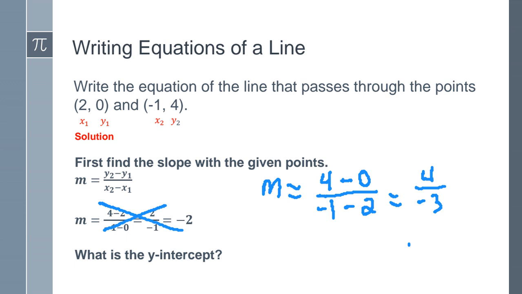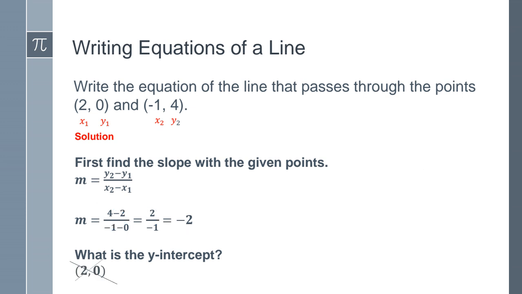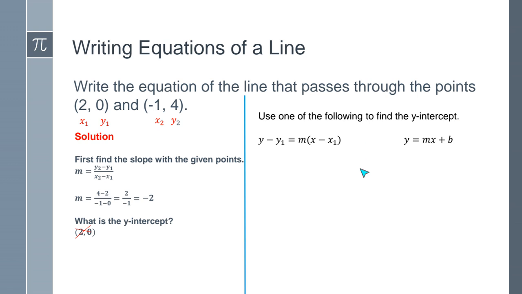What is the y-intercept? If we look at this point here, 2, 0, since x is not 0, this is not your y-intercept. This is your x-intercept. So we need to go ahead and do the work here, right? So let's see, what was the slope? I think it was negative 4/3.